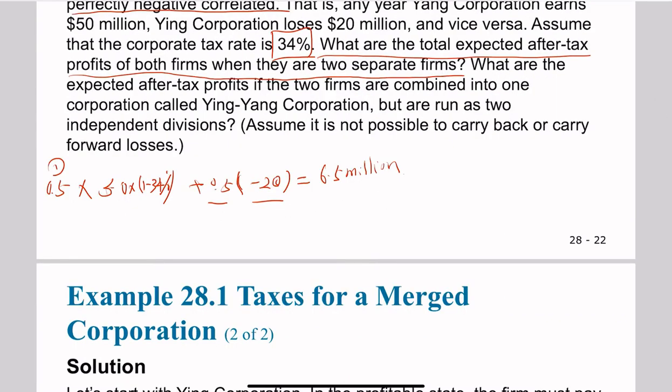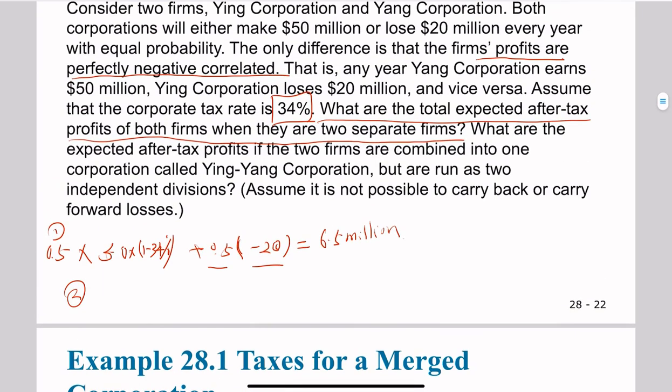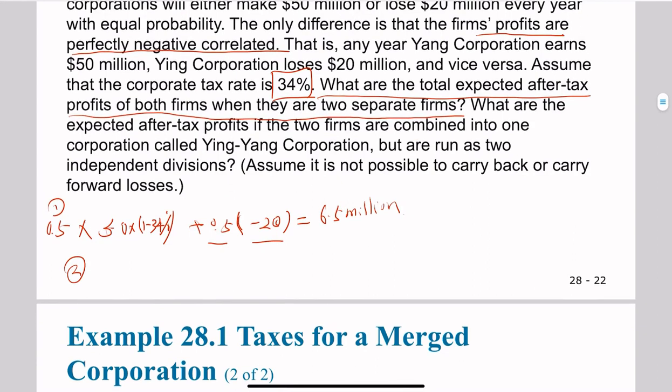Okay, second, we ask, what are the expected after-tax profits if the two firms are combined into one firm? Well, we know that the profits of these two firms are perfectly correlated. It means that in 1 year, if the young corporation earns $50 million, then the other firm loses $20 million.